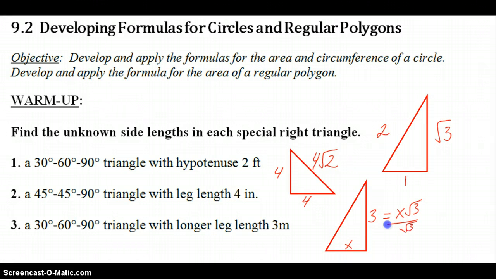If I divide both sides by root 3, that gives me x, but we have to rationalize by multiplying top and bottom by root 3. x equals 3 root 3 over 3, so that's just root 3. If the longer leg is 3, the shorter leg is root 3, and the hypotenuse is twice that, 2 root 3. That will come into play a little more in the second video than it does in today's lesson. So let's start with the rest of the lesson.